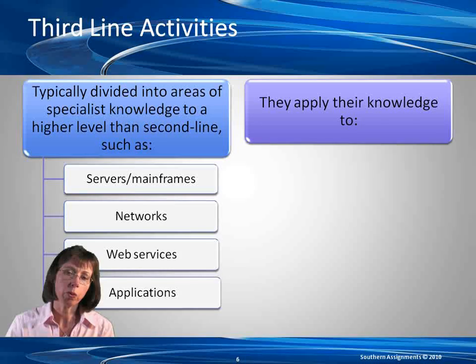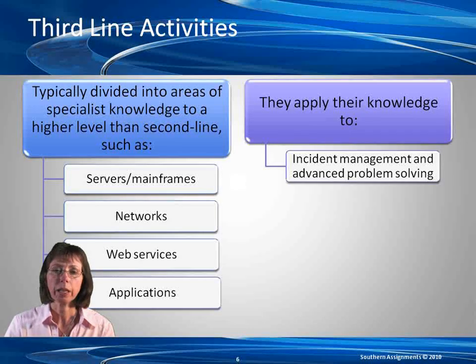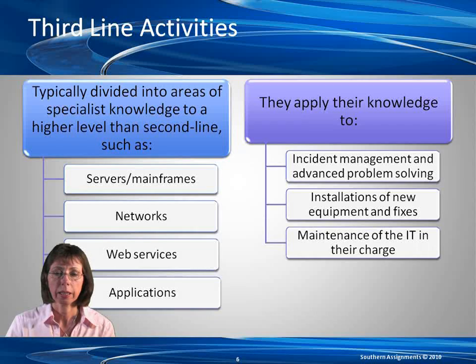Now, third line support need to be applying their knowledge to lots of areas, getting involved with incident management and advanced problem solving, and we'll be considering some of those areas. Installations of new equipment and fixes to existing equipment would be other activities they'd undertake.